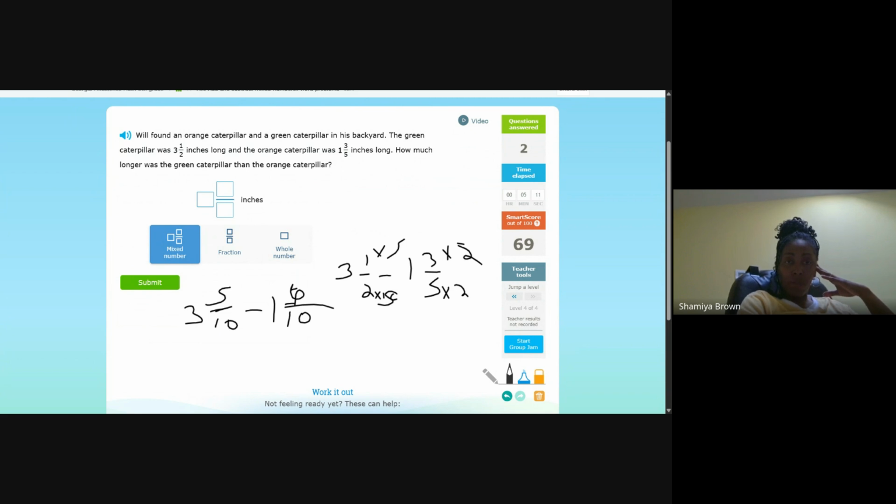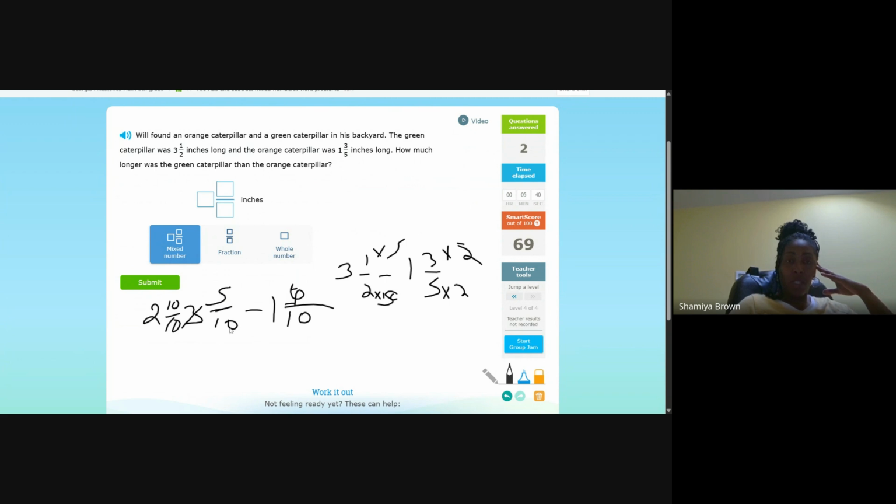So now I need to first look and see if I can do the subtraction with my numerators, and I can't. Can't do 5 minus 6, so I have to regroup. Take away from here, make one of these wholes a fraction. So I'm going to have 2 and then 10 tenths because I have to turn one of those wholes into a fraction, and I need my denominator to match this denominator.